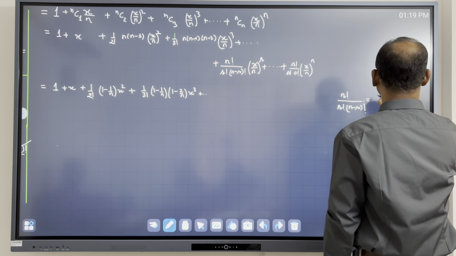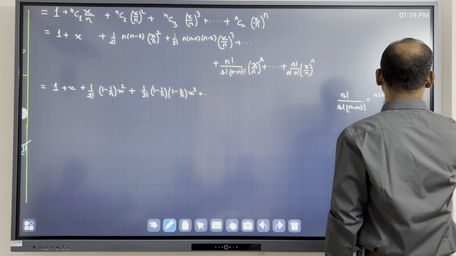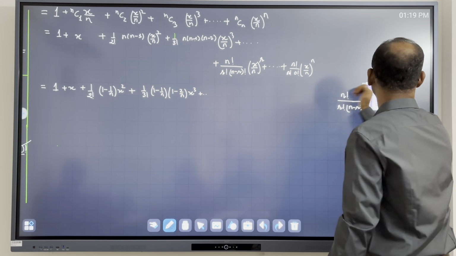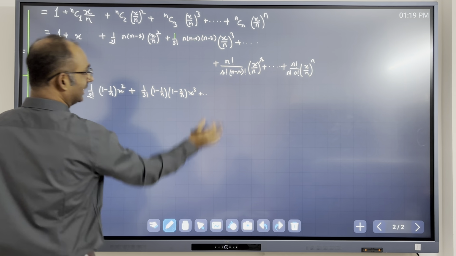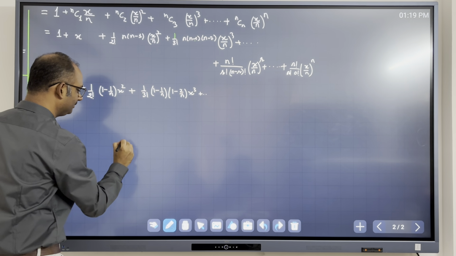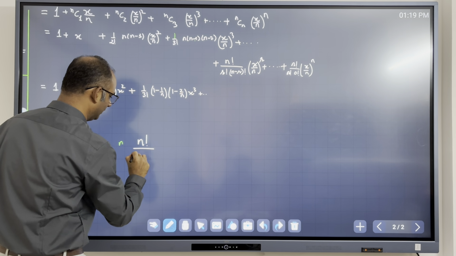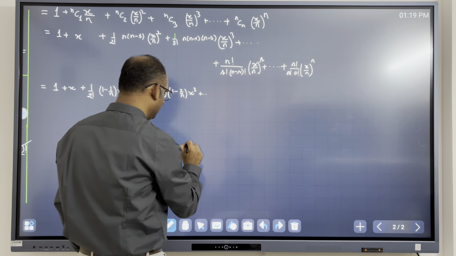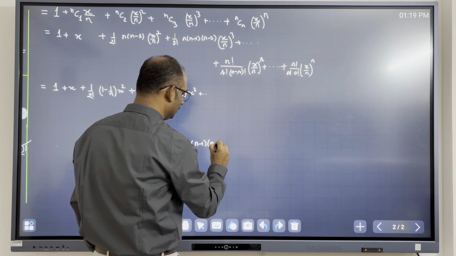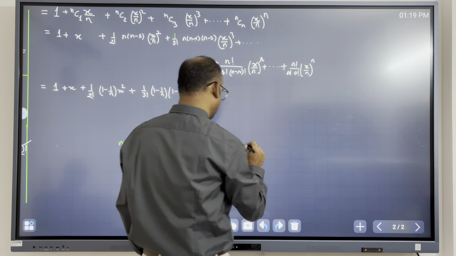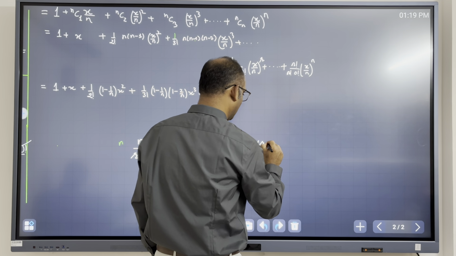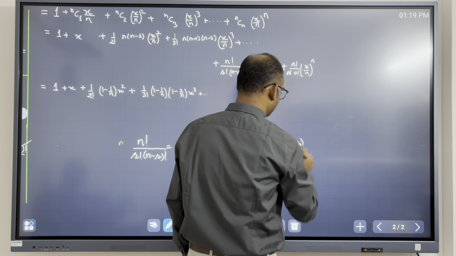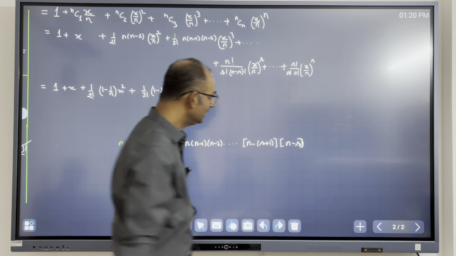This is the same as n into (n minus 1) into (n minus 2) and so on, up to n minus r plus 1, and then (n minus r) factorial. Agreed?